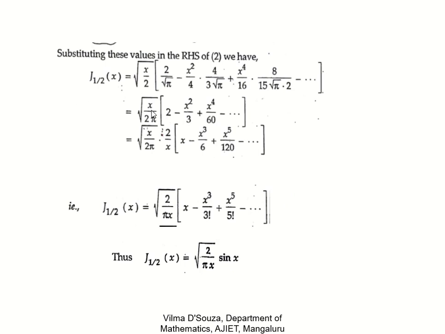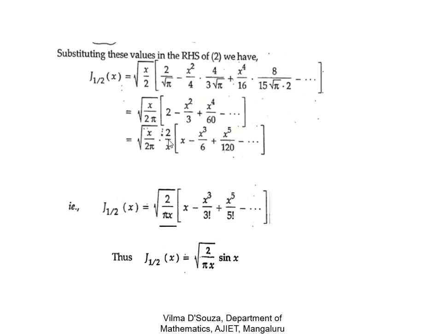So here what you can do is, root pi is common throughout, which I have taken out, combined with root of x by 2. So it becomes root of x by 2 pi. 2 minus x square, this 4 gets cancelled, you are left with 3, plus x to the power 4, this 8 ones are 8, twos are 2 to 4, 4 into 15 is 60, and so on, which is equal to root x by 2 pi.